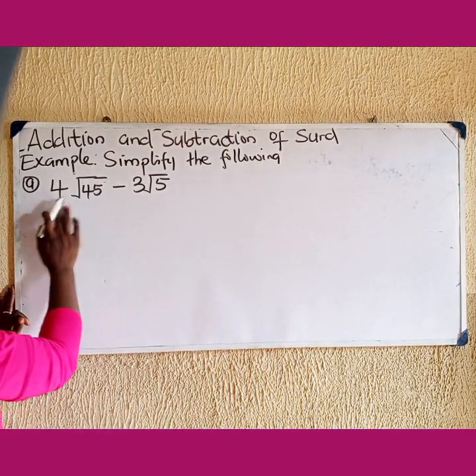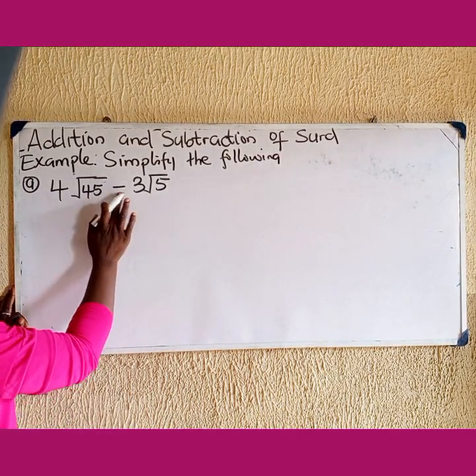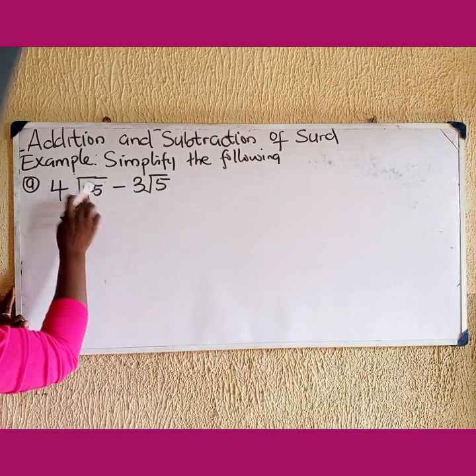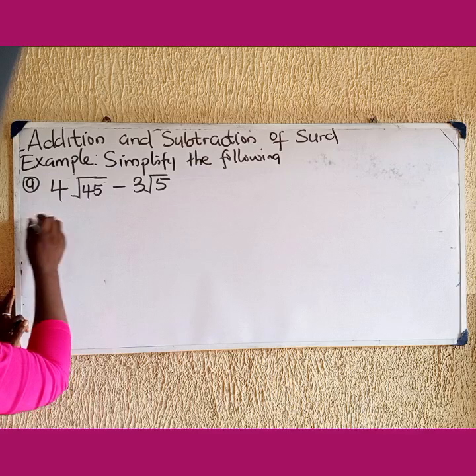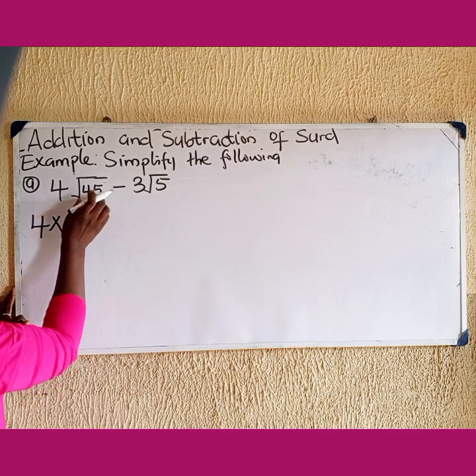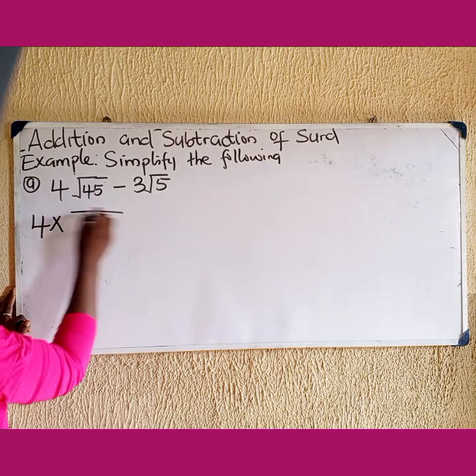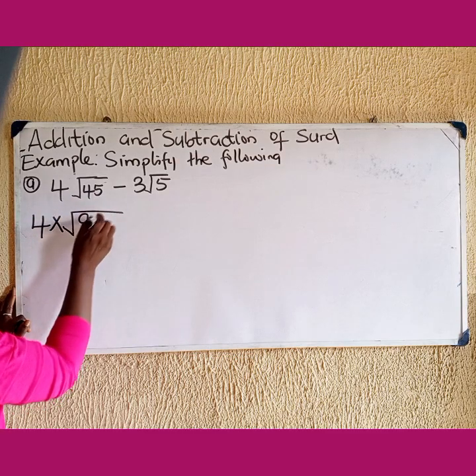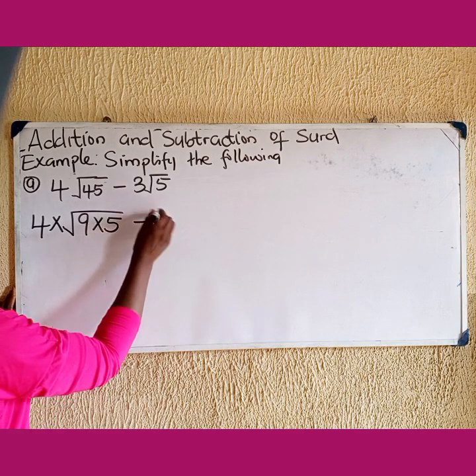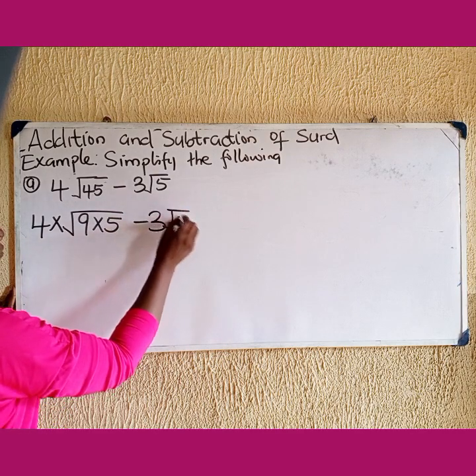I have 4 root 45 minus 3 root 5. Now I'm going to simplify this 45 further. So I have 4 times root 45, which is the same thing as root of 9 times 5, minus 3 root 5.